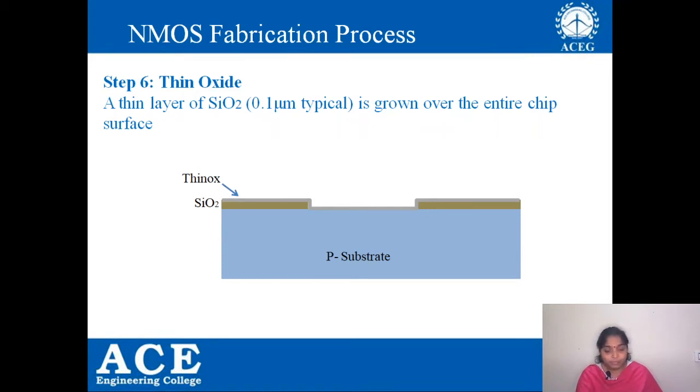Here we require only 0.1 micrometer thickness. So for that reason we send oxygen gas at around 1200 degrees centigrade, so that you get a thin oxide layer on the total surface of the substrate.